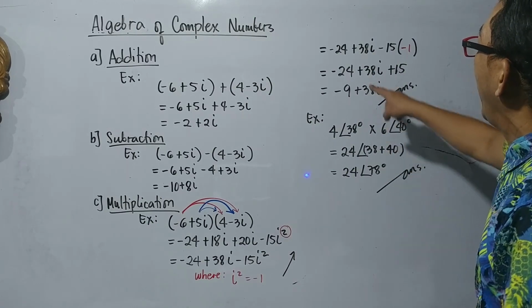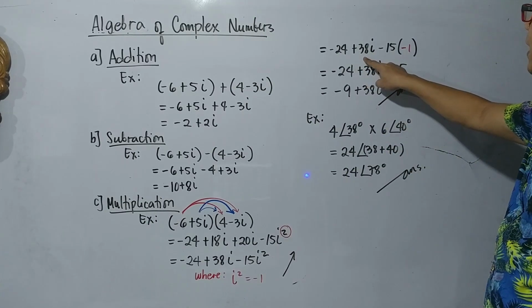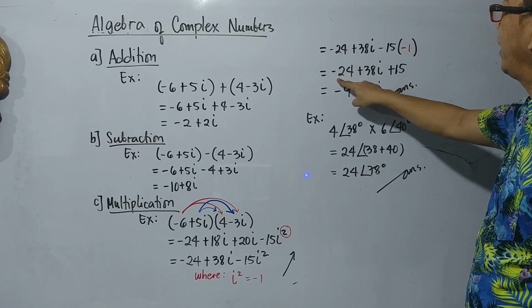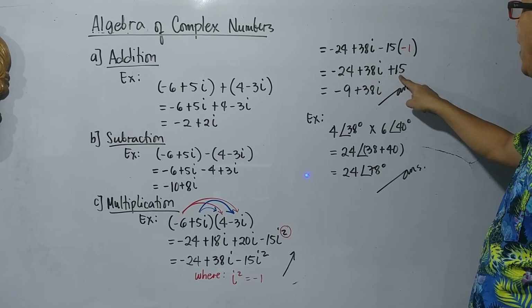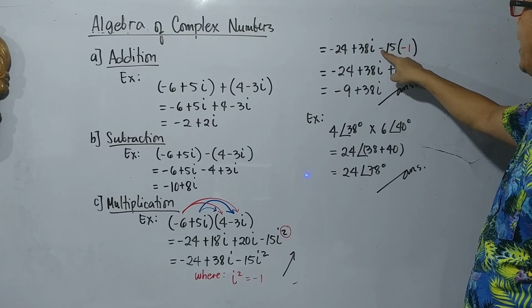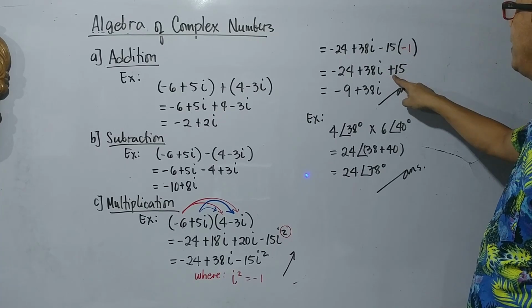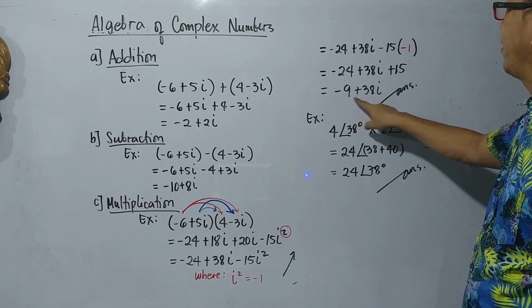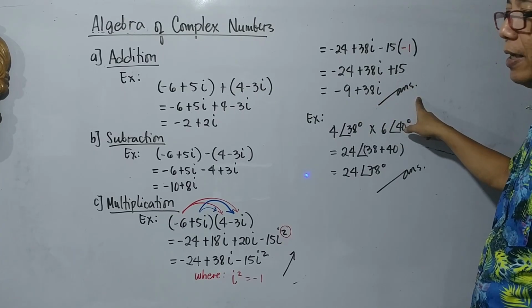So, we have now negative 24 plus 38i minus 15 times negative 1. We have now negative 24 plus 38i plus 15, because negative 15 times negative 1 is positive 15. Finally, you have now negative 9 plus 38i.